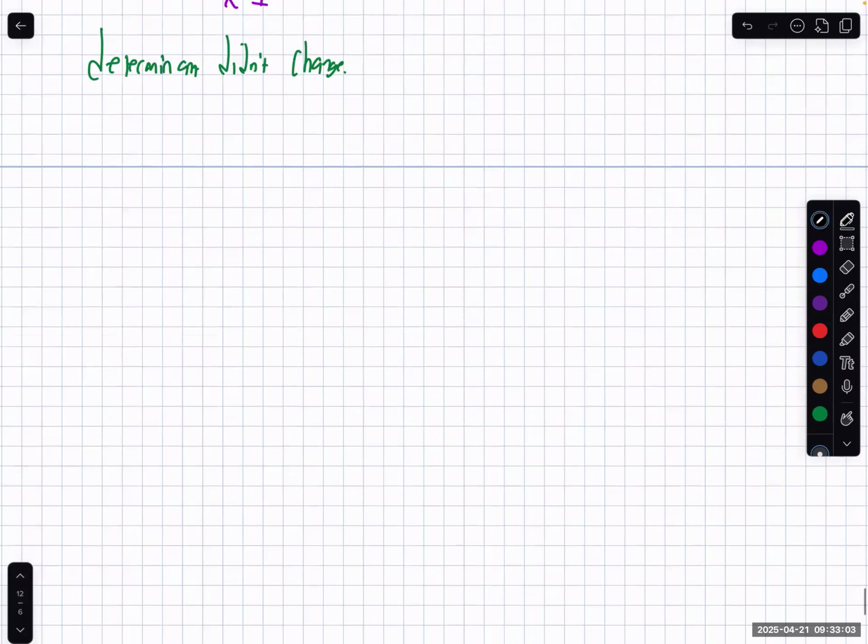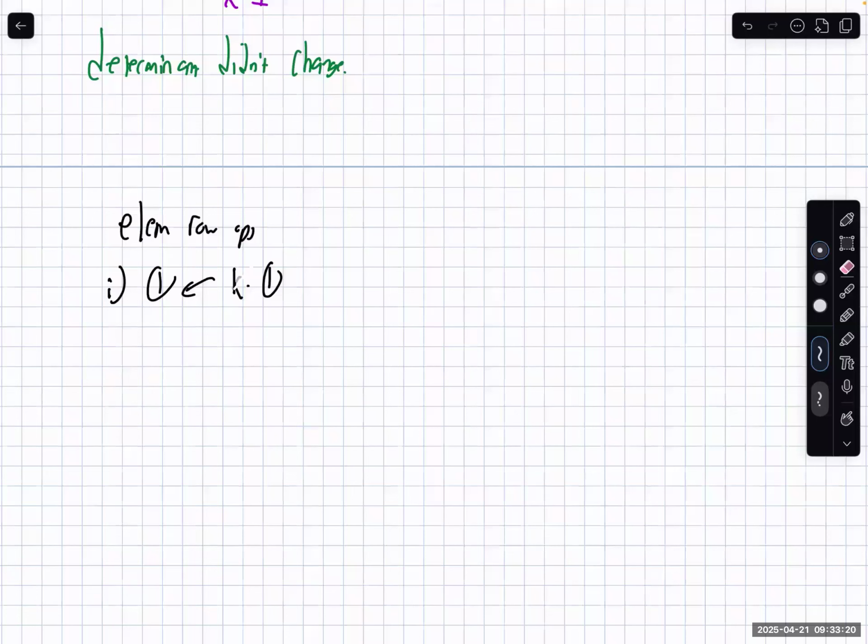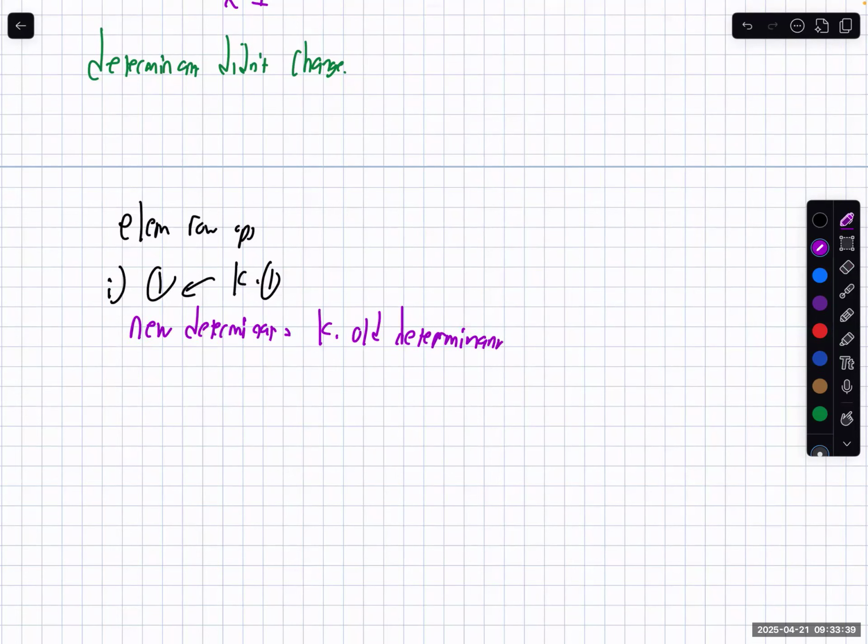Okay, so just to recap, the 3 types of elementary row operations. Replace a row by a non-zero multiple k of that row: the new determinant is k times the old determinant.